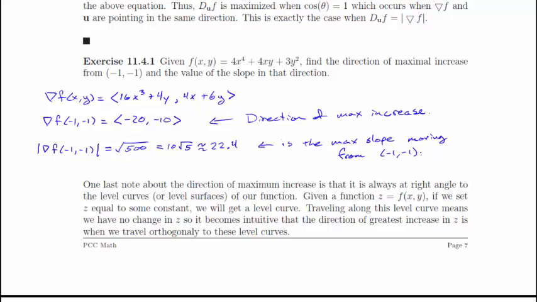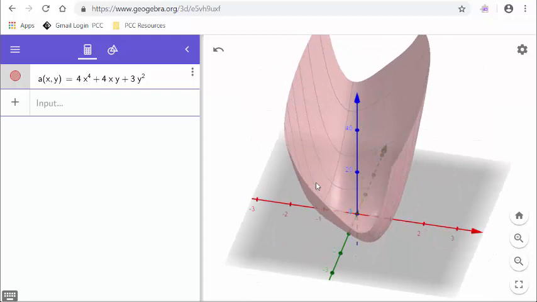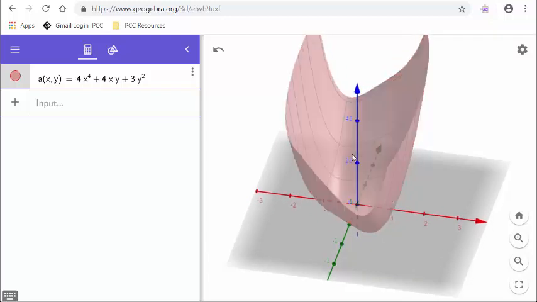Okay, actually, I'm going to go ahead and pull up a graph of this so we can see it. I have a top view here, so we can't really see the shape of the graph yet, but I just want to note that -1, -1 is right at this grid point. And I've got the z-axis scaled up quite a bit.